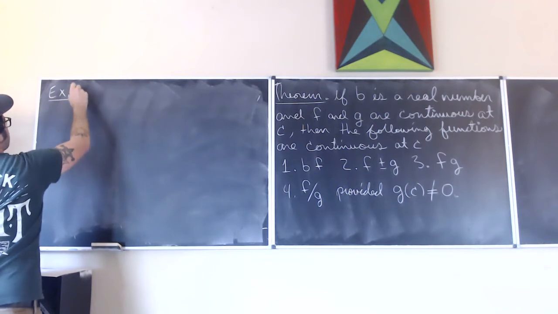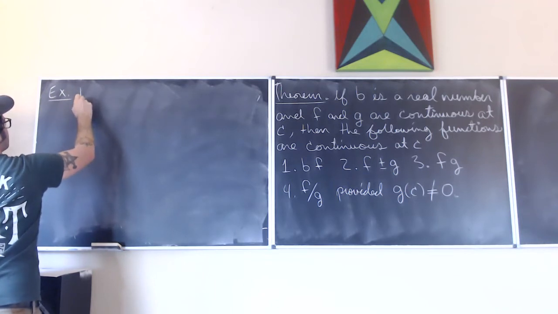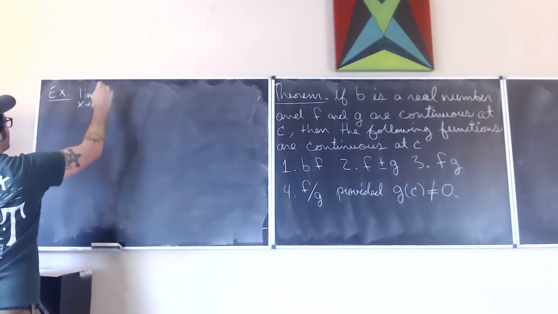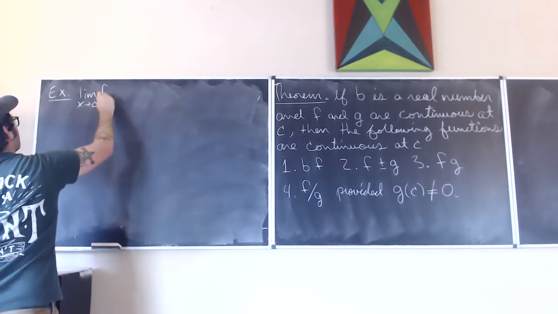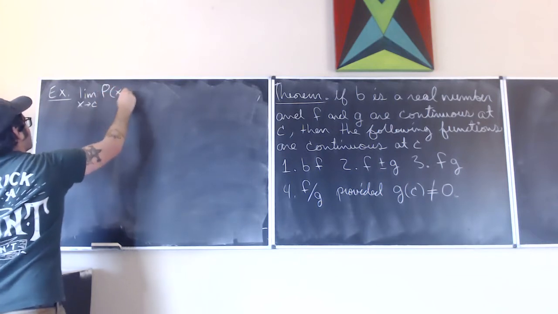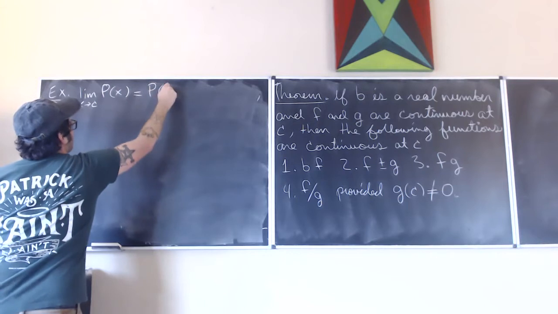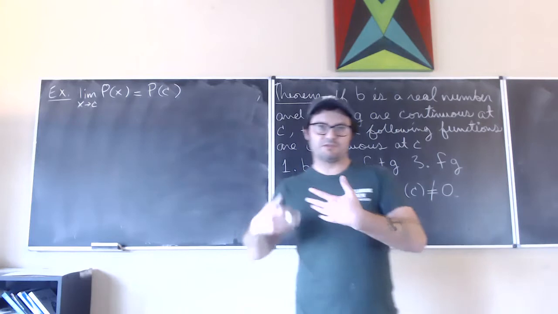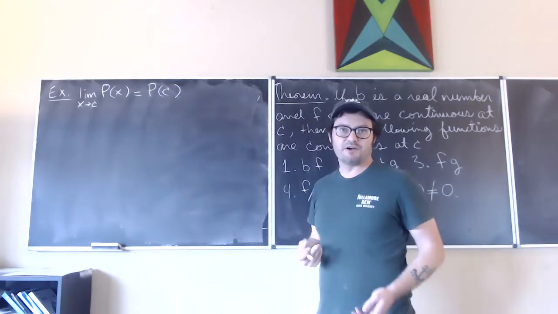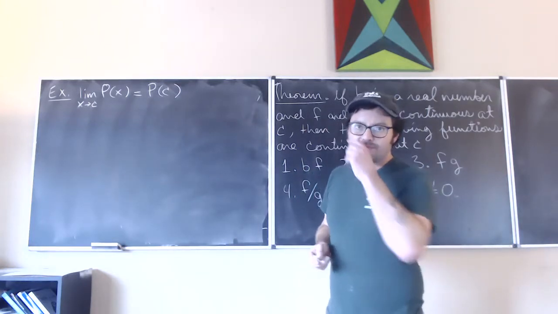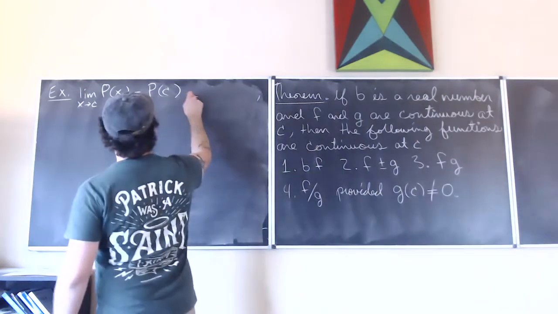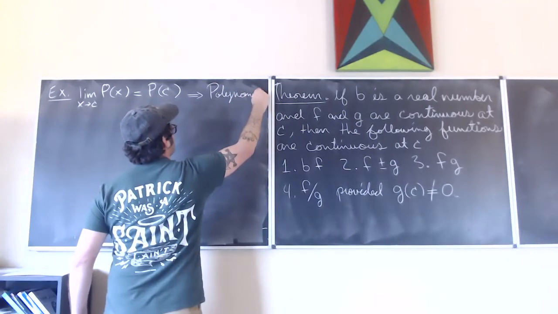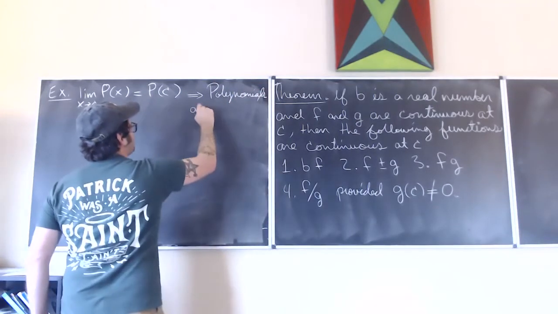So we know that the limit as x approaches c of a polynomial function, you can evaluate that limit by just plugging in the value c, right? So this tells us that polynomials are continuous.